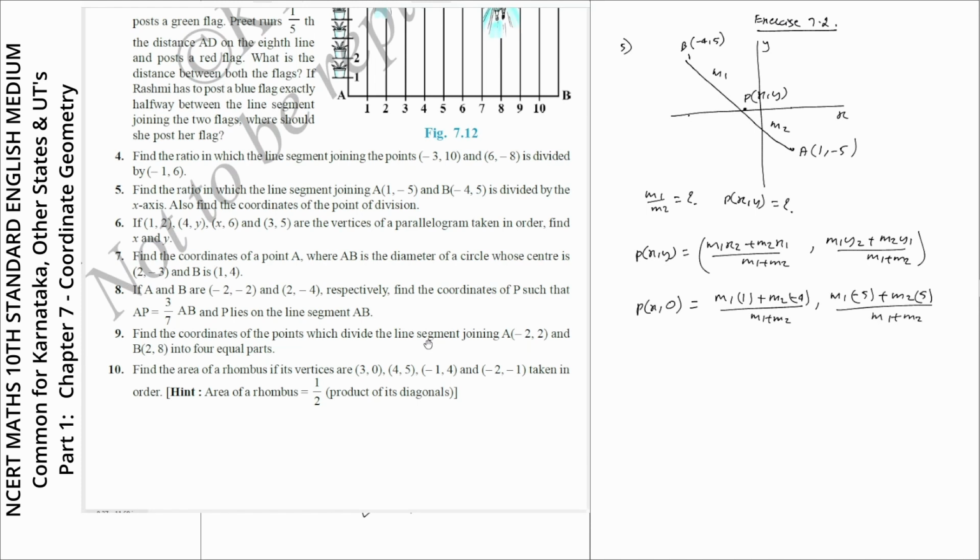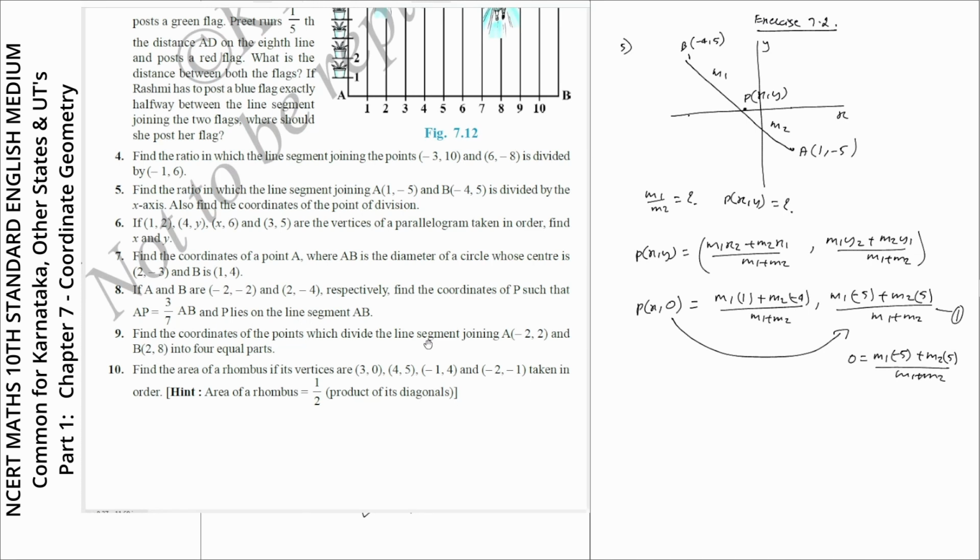I'll mark this as equation 1. Now I can equate this with this. So 0 is equal to this one. So 0 is equal to m1 into minus 5 plus m2 into 5 by m1 plus m2.